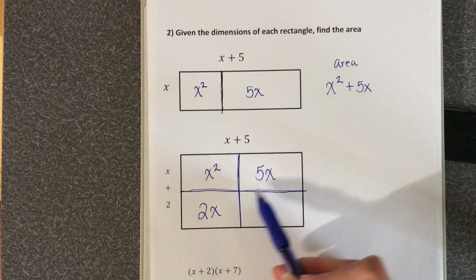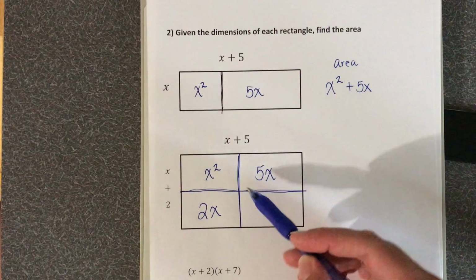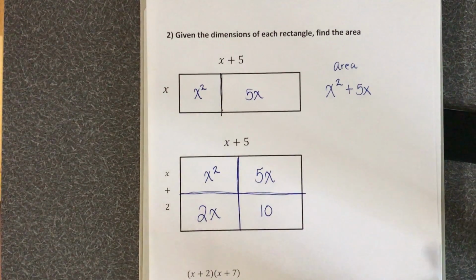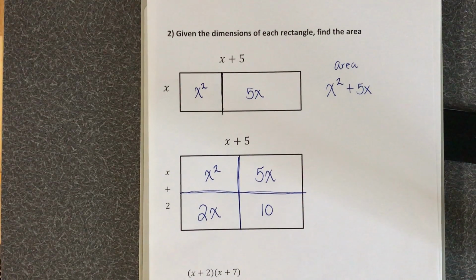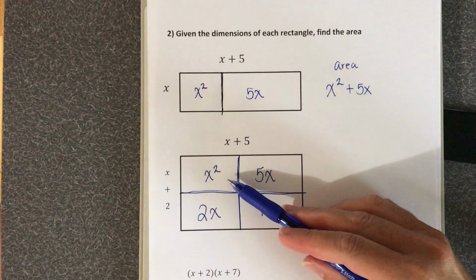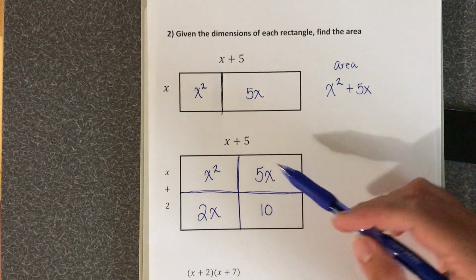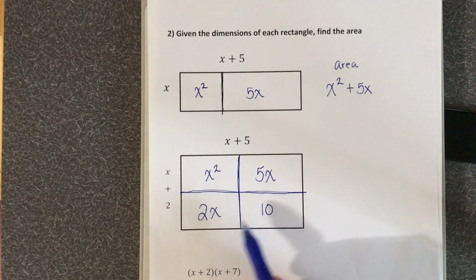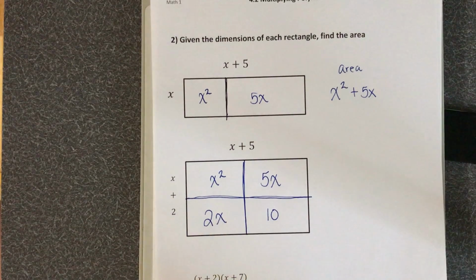And what happens when I have a length of 5 and a height of 2? Then I have an area of 10. If you look at your picture that you created, you're going to have 1 x squared tile, 5 x tiles, 2 x tiles, and 10 unit tiles.